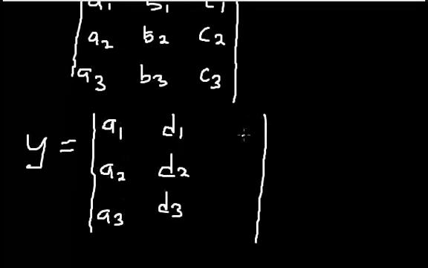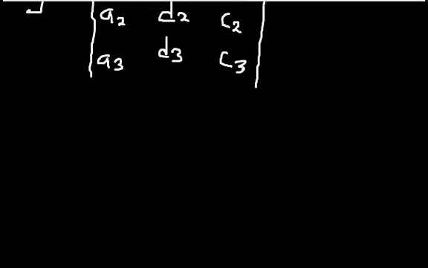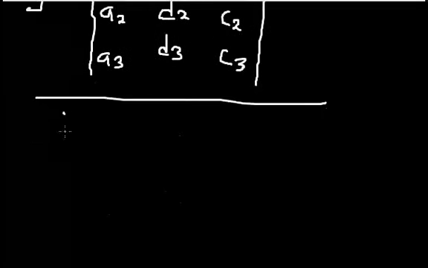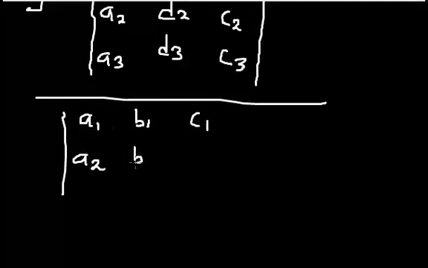Then I have that of z, which is c1, c2, c3, then divided by the same determinant: a1, b1, c1, a2, b2, c2, a3, b3, then c3.